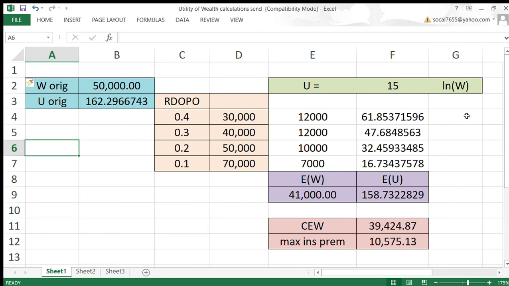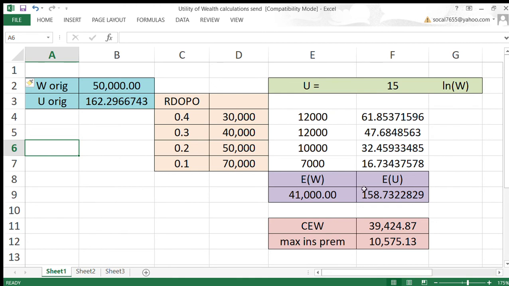And then what does that mean? Well, that means that 158.73 divided by 15 is the exponent that we have to raise e, the base of natural logs, to get the value of wealth. Since 158.7322 divided by 15 is the natural log of wealth, we then have to raise e to that power, 158.7322 divided by 15, to get the value of wealth.